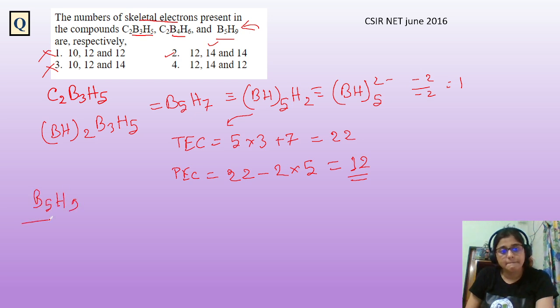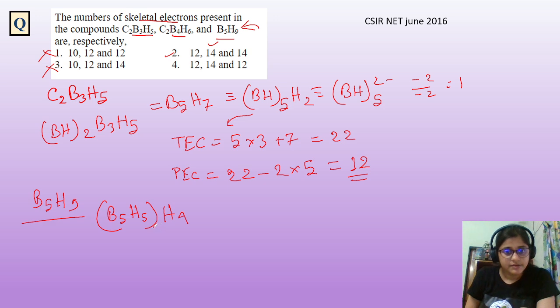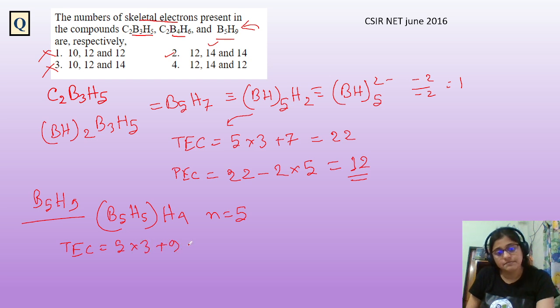B5H9. Okay? B5H5 and H4. Right? So this is n equal to 5, right? BH unit is 5, n equal to 5. Fine. Now TEC will be 5 into 3 plus 9, that means this will be 24.